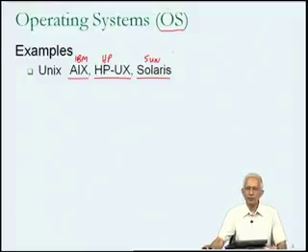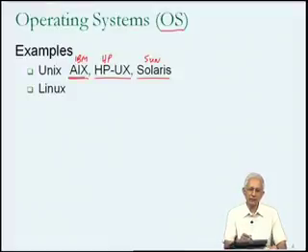Now another name of an operating system that you may have come across is Linux. Linux has become very widespread. I imagine that many of you have Linux running on your laptop or desktop at home, certainly in your labs at school. The property of Linux is that, unlike Unix of the upper line, like AIX or HP-UX or Solaris, which you typically bought from the company, Linux is actually available in a form called free software.